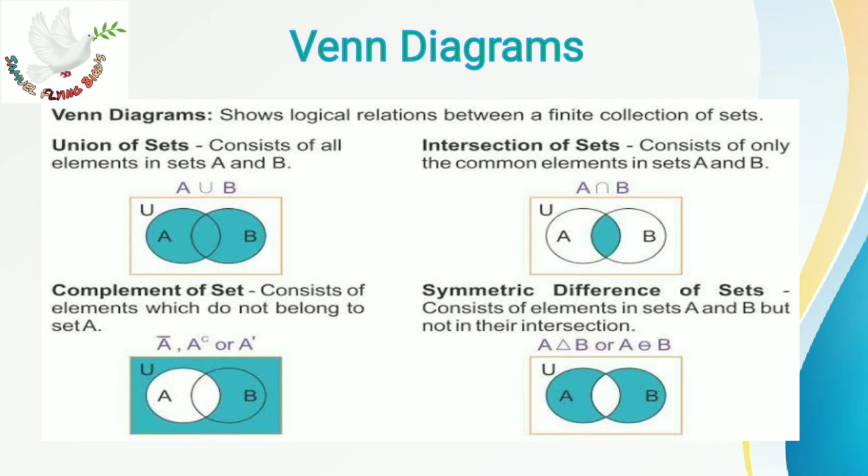In an intersection we consider the common terms, but here we consider the total terms of set A and set B except the common terms of set A and set B. We are not considering the common terms of A and B.